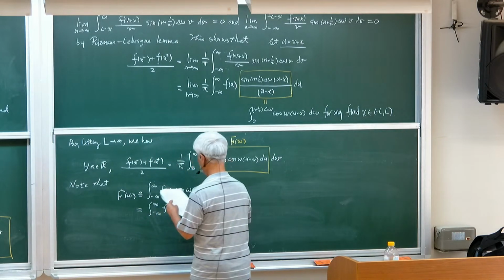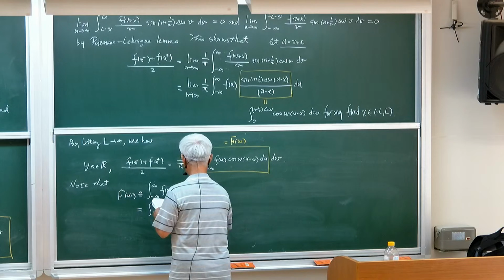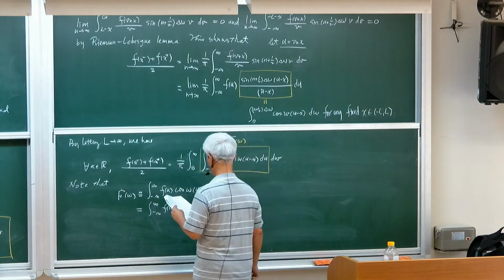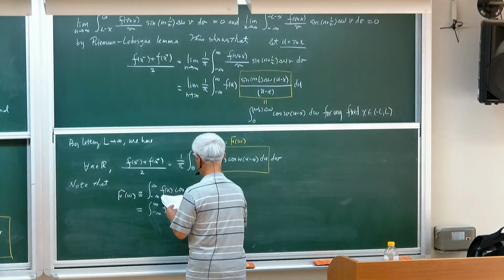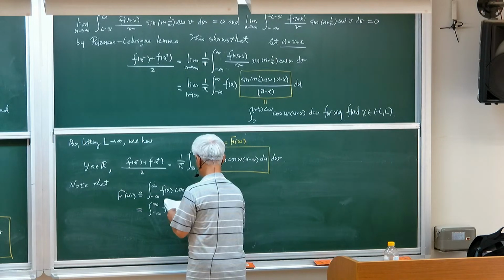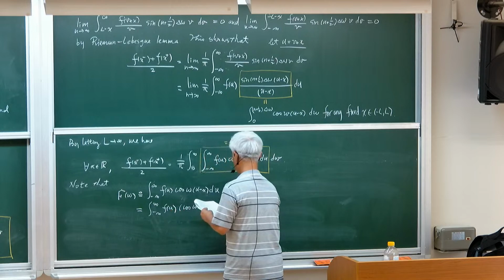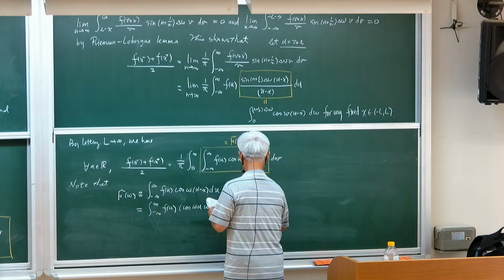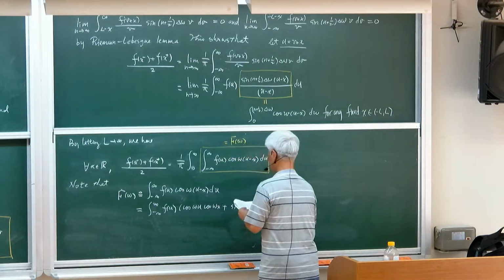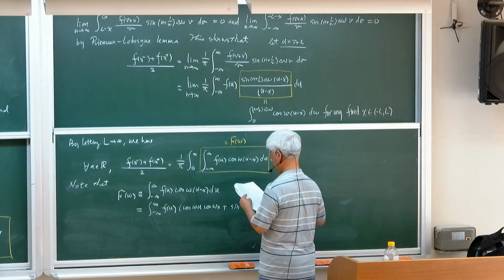Alright? So by the sum and difference formula, we have the integral of f of u cosine omega u cosine omega x plus sine omega u sine omega x du.